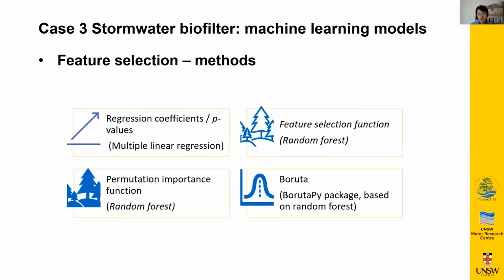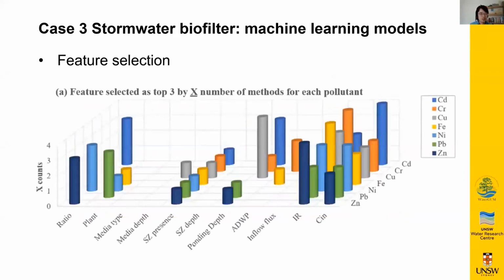Then we used feature selection methods: the regression coefficients or p-values from the multilinear regression, the permutation importance function from random forest, and another method called Boruta, which is also based on random forest. We tried to identify the top 3 most important variables from each of the methods.